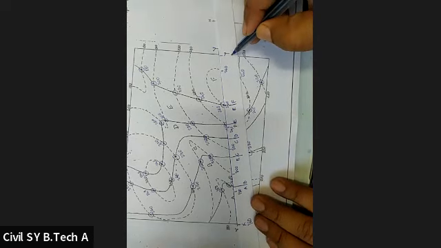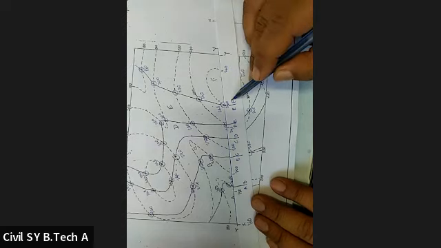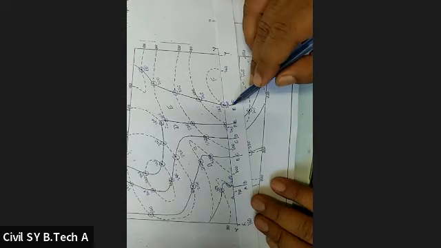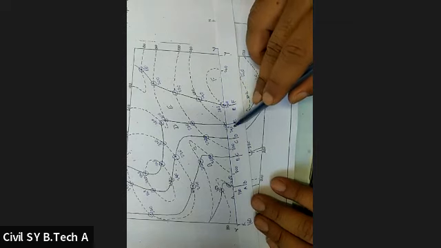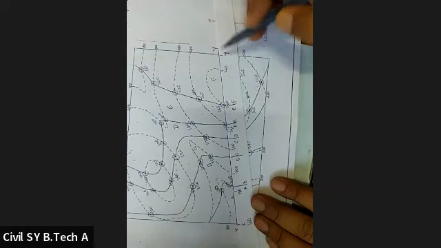Now we have to assume the elevation of y. Now look here, it is 260, it is again 260, the same elevations are there. In such a condition we have to take the next elevation like this. It is 240, 260, 260 and 240.